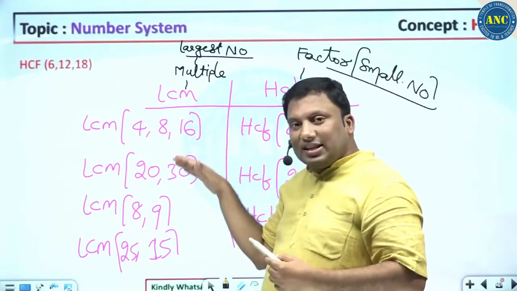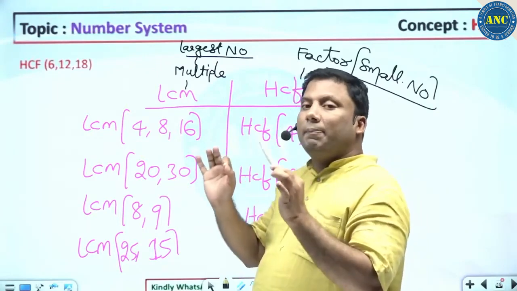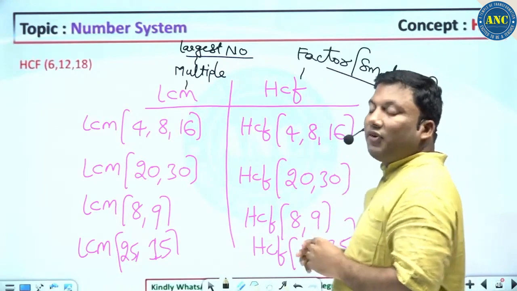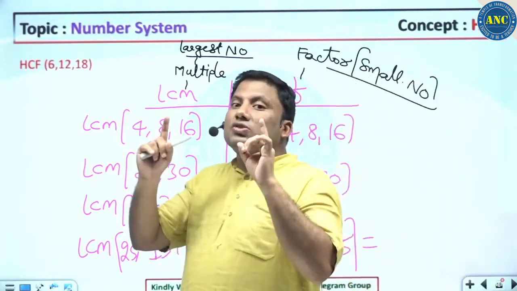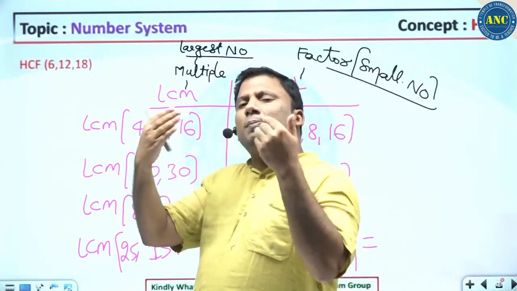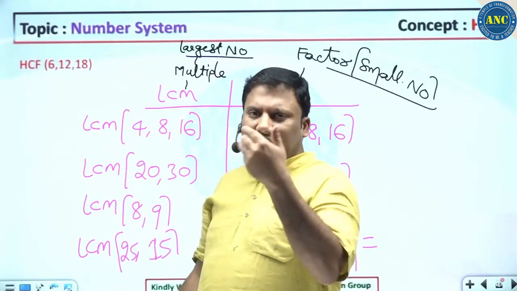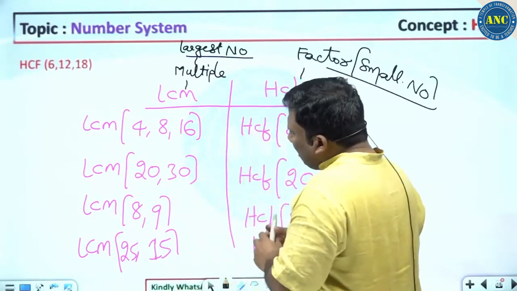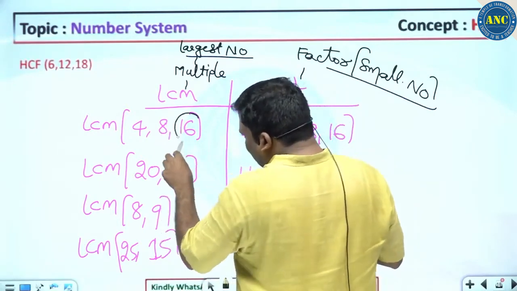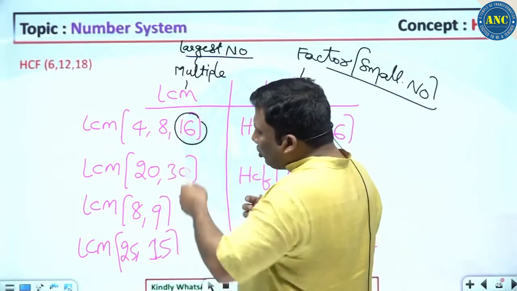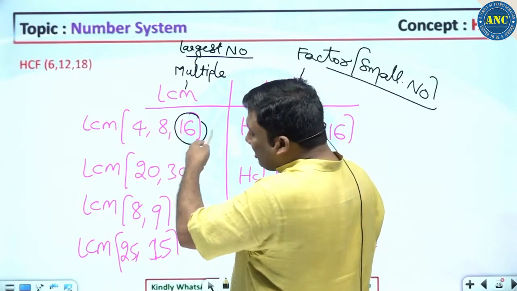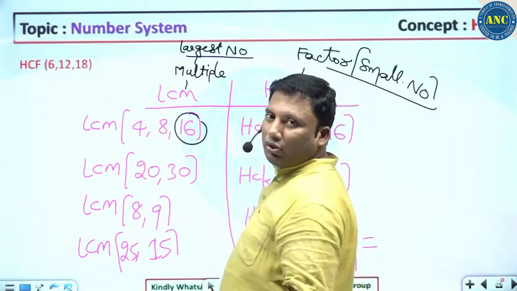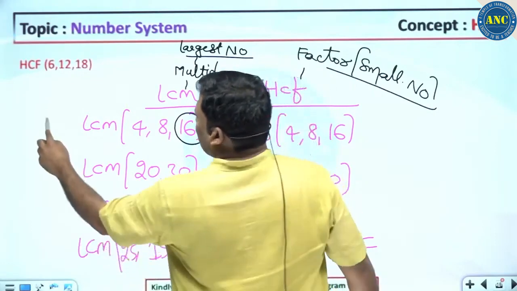That means in LCM, we have to keep an eye on the largest value. In HCF, we have to keep an eye on the smallest value. What is the multiple of 12, 24, 36, 48, and so on? So, take the largest number. Largest number is 16. Check whether 16 is divided by every other number. 16 is 4 into 4. 16 is 8 into 2.